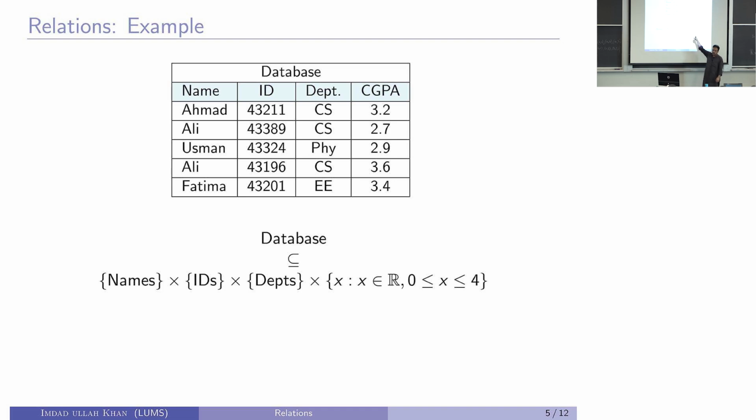Is it true that every row is an element of this set? It's a 4-tuple, so these 5 records, this database, is actually a subset of this cross product. And we call this a relation, from the set of names to IDs to departments to real numbers between 0 and 4.